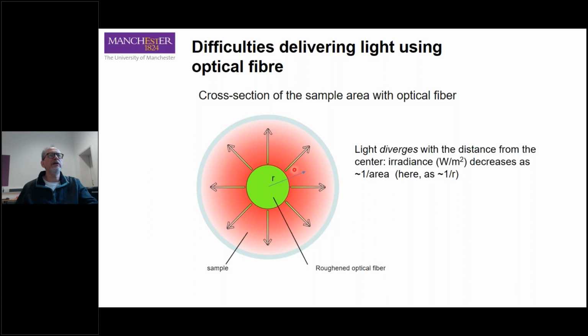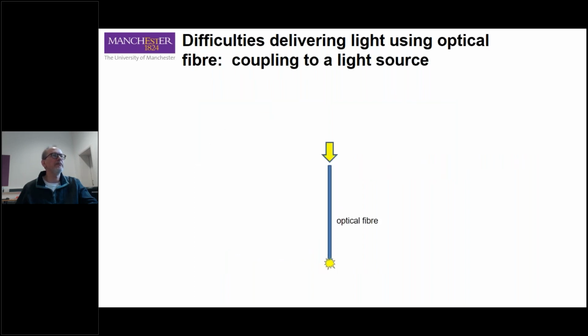The irradiance or light flux per unit area may differ around twice or maybe even more between the surface of the fiber here and the inner wall of the tube here, even without any sample absorbance. And this difference may be significant for some chemical systems.